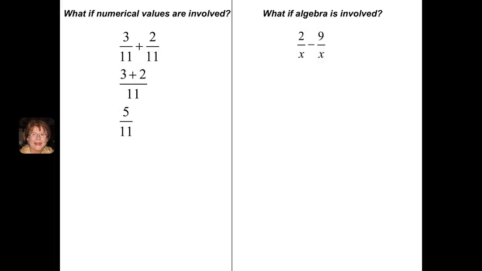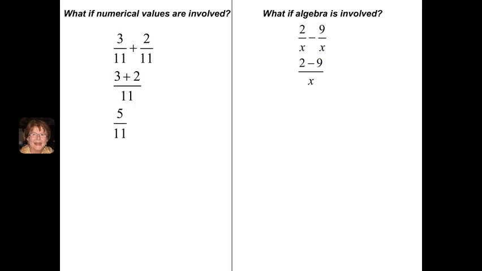So if you had 2 over x minus 9 over x, we've got fractions, we've got rational expressions. The same rule applies. We must have a common denominator, and we do. We keep that lowest common denominator, and we add or subtract the numerators.